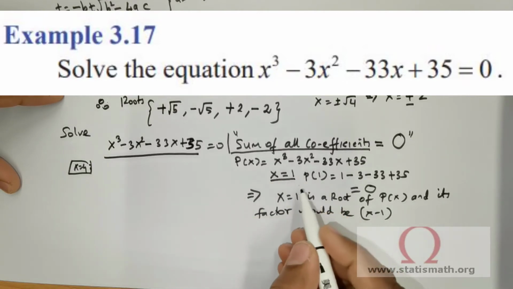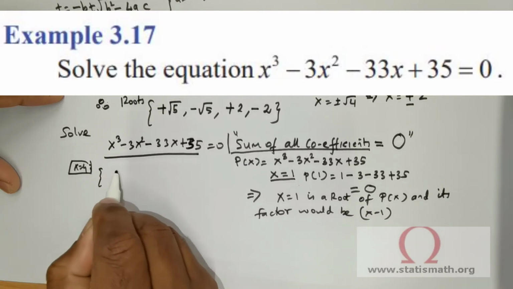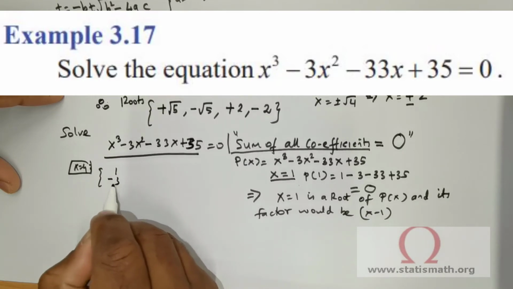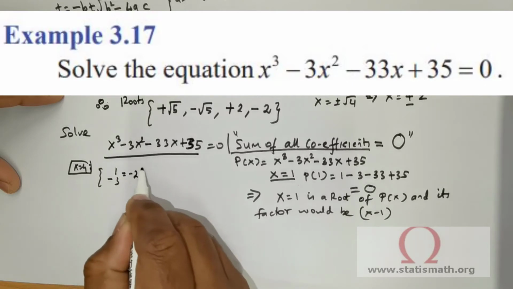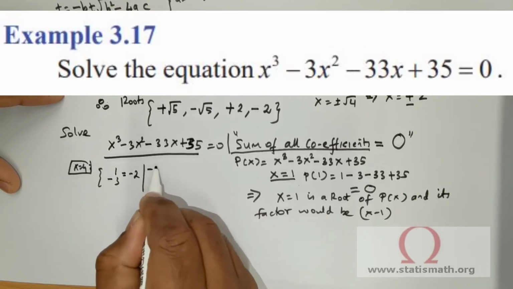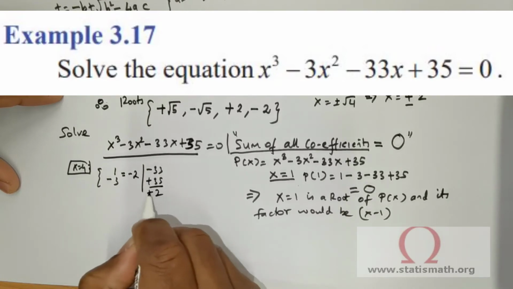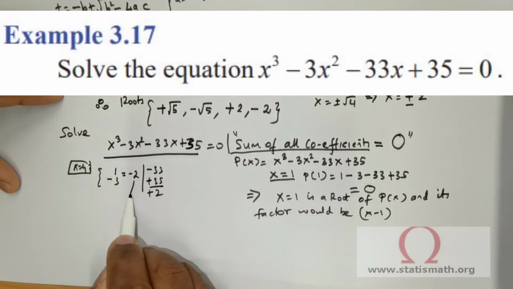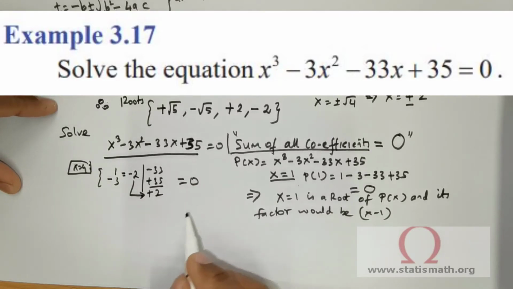So when we apply this technique, clearly we see the values that we get here are 1, negative 3. If you add 1 and negative 3, you get negative 2. And then you have negative 33 and positive 35. You add these two things, you get positive 2. So when you add negative 2 with positive 2, you get 0.